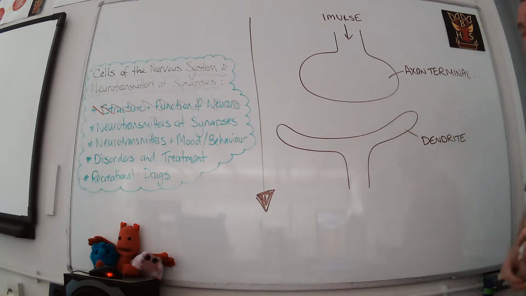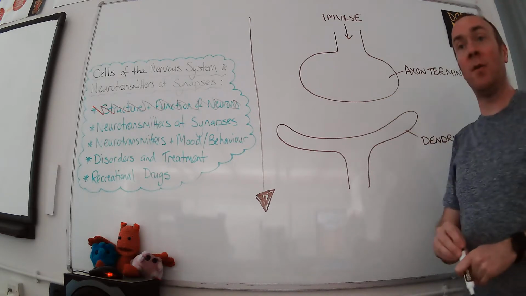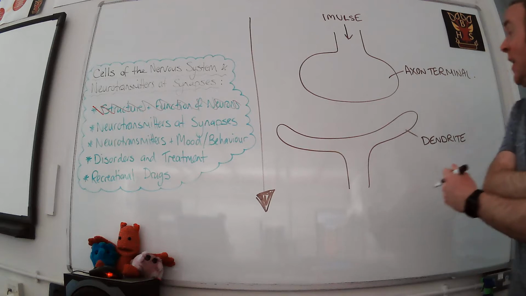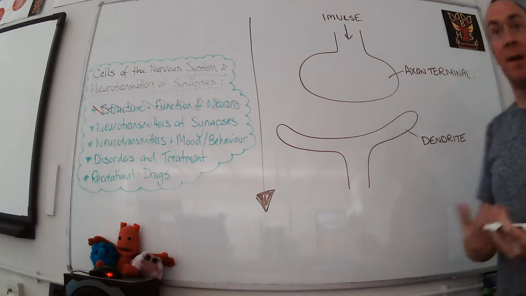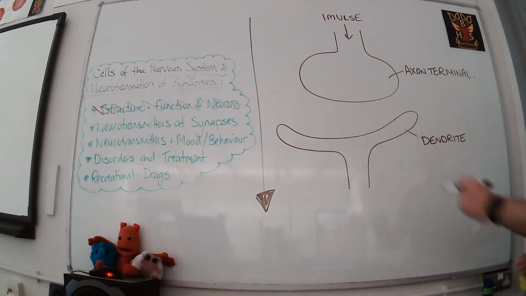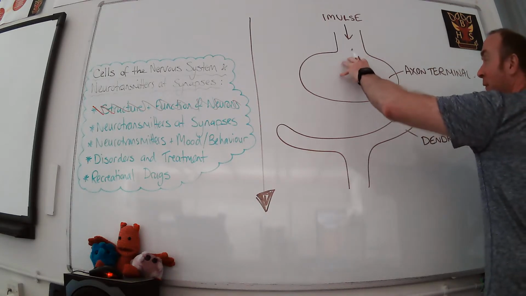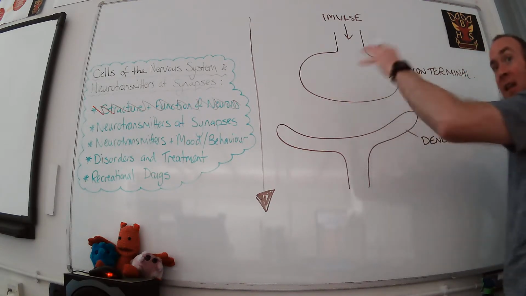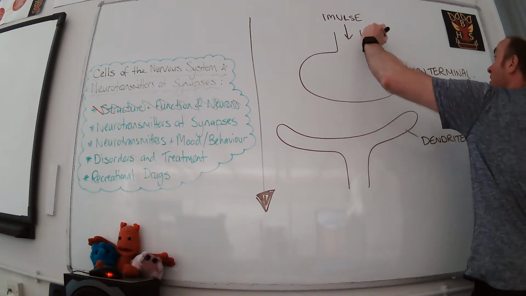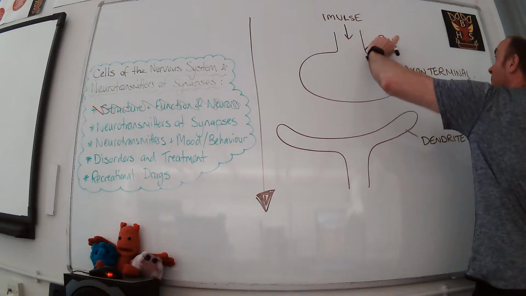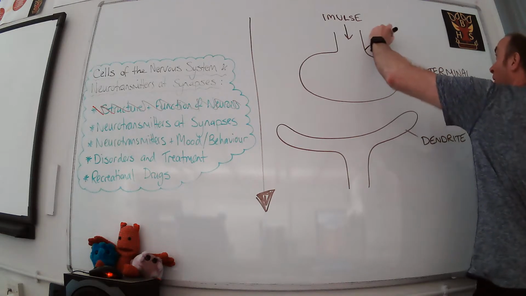This space at National 5 we talked about being called the synapse. In actual fact we talk about it now as being the synaptic cleft, but ultimately it's the same thing. There is a term used to describe the nerve before the synapse and the nerve after the synapse as well. This one is called the pre-synaptic nerve, for obvious reasons.